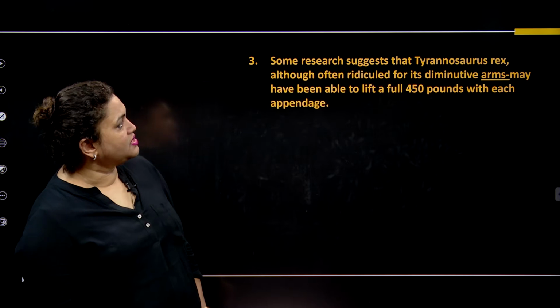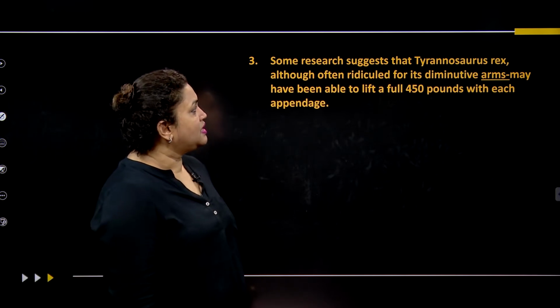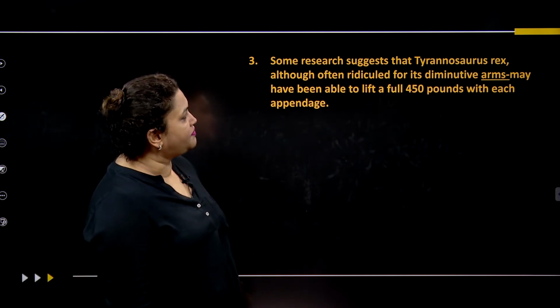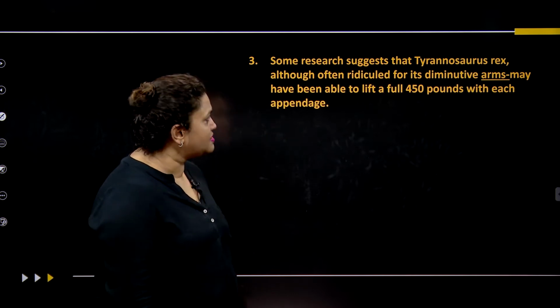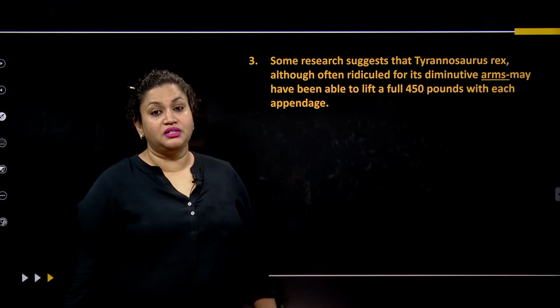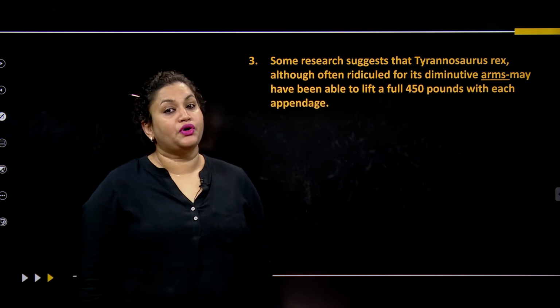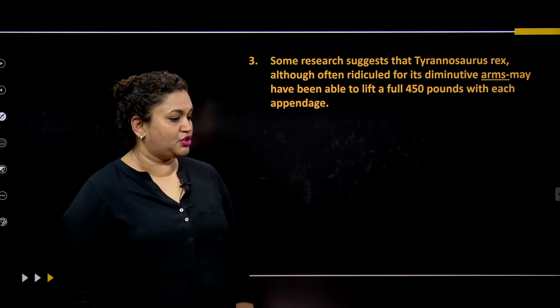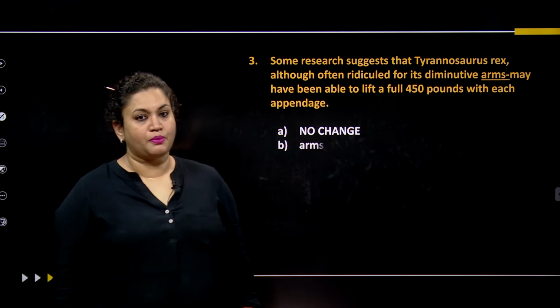Some research suggests that Tyrannosaurus rex, although often ridiculed for its diminutive arms, may have been able to lift 450 pounds with each appendage. Let's see the options.